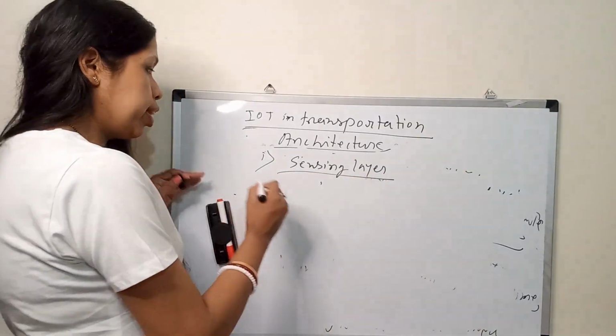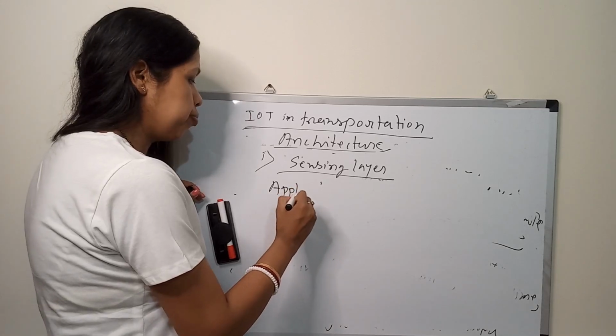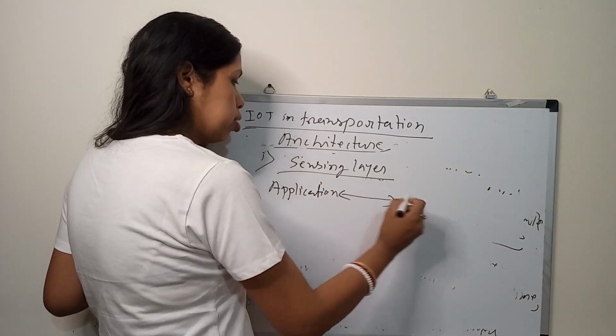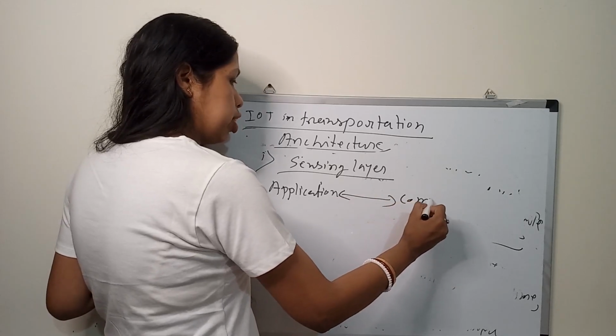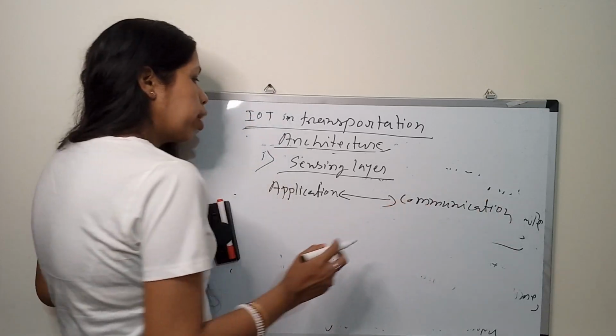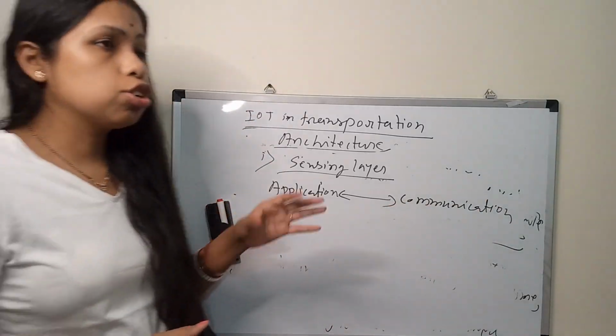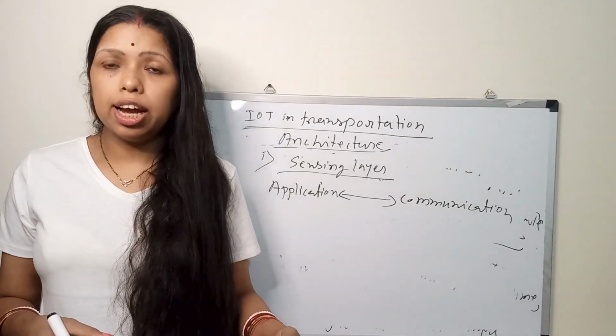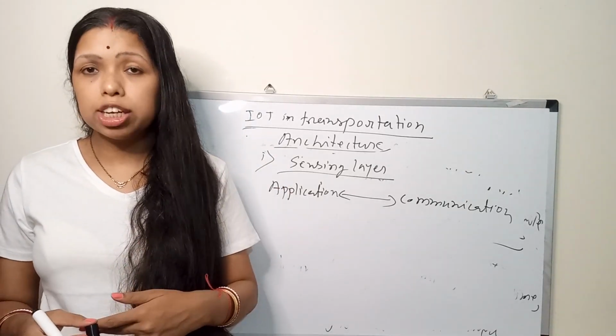So this is the interaction between the application layer and the communication layer. The sensing layer can track the data from the application layer.